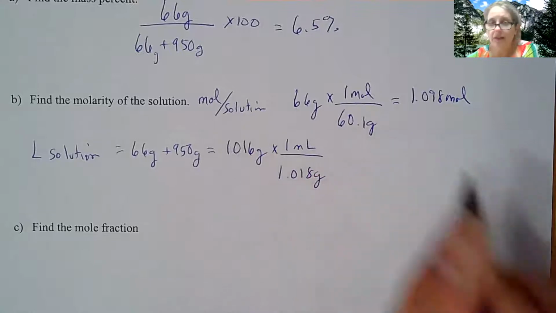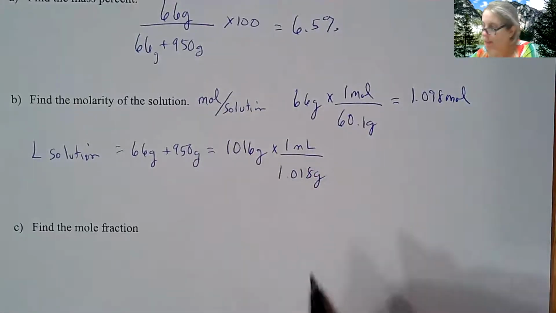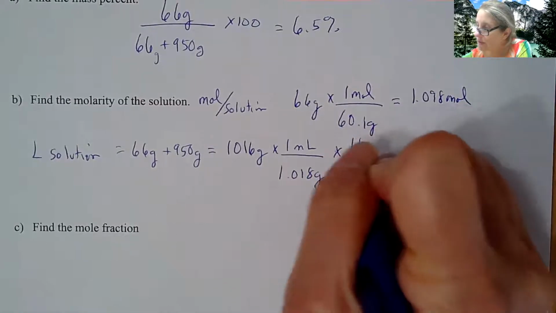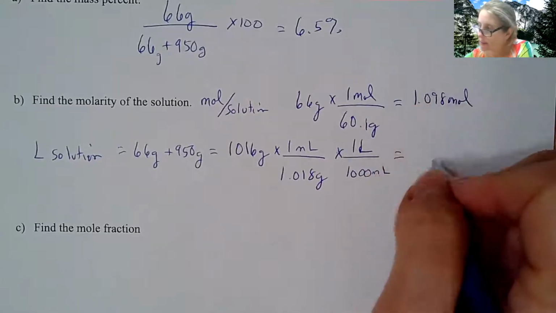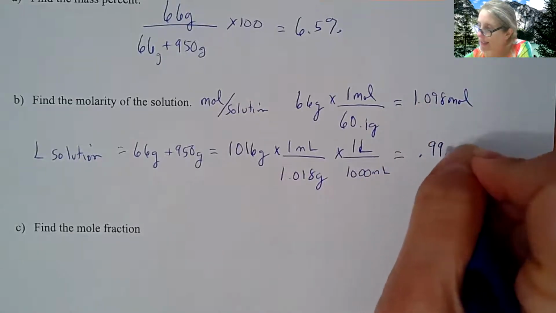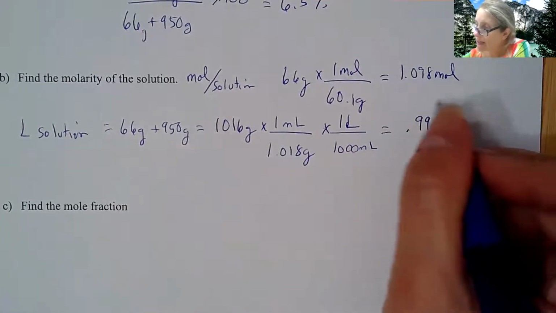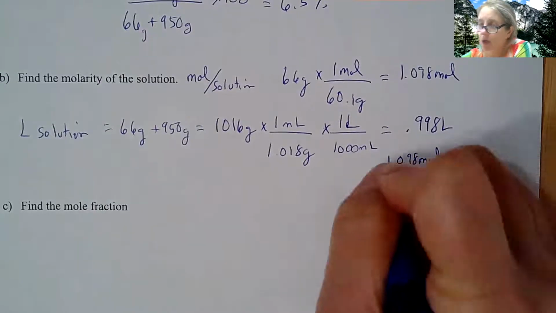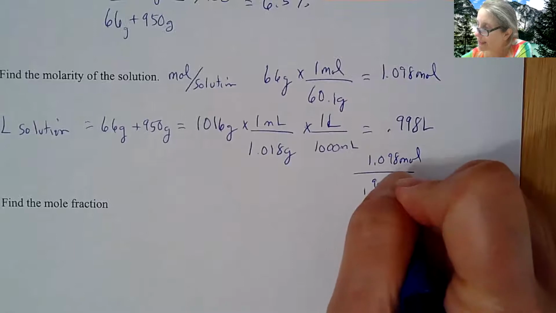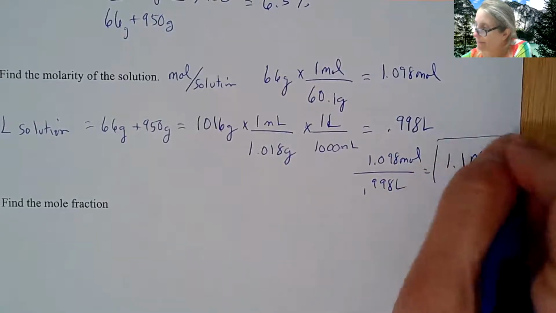That's going to give me how many milliliters that many grams of that whole solution is. And then I convert it to liters because I need that for my molarity calculation. So in this case, it turns out to be 0.998 liters of my solution. So all I've got to do is take that number over that number. So take 1.098 moles over 0.998 liters, and I get about 1.1 big M.